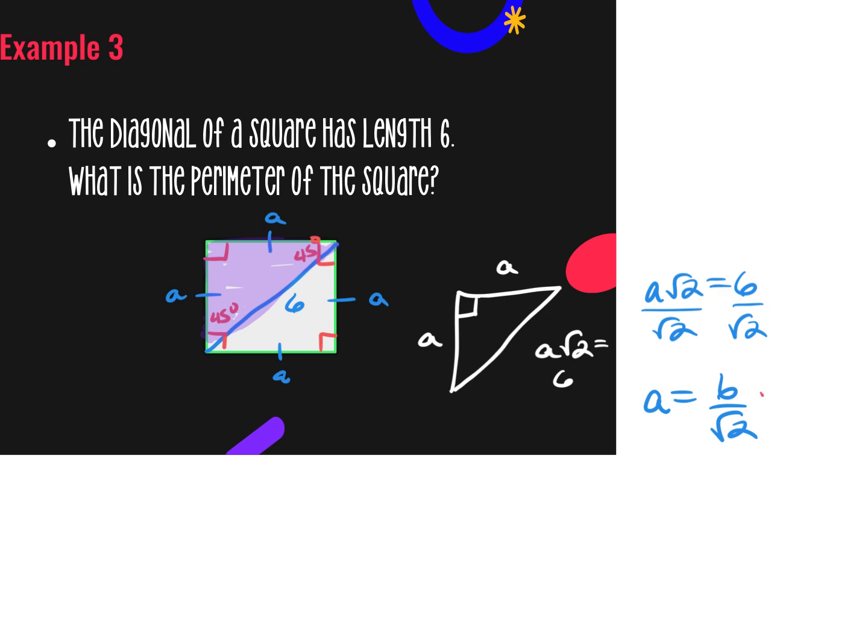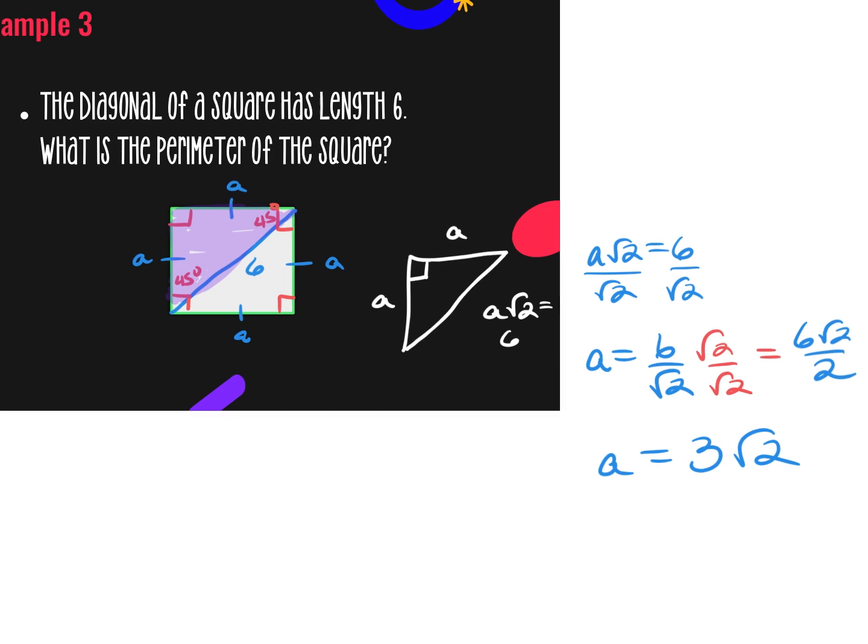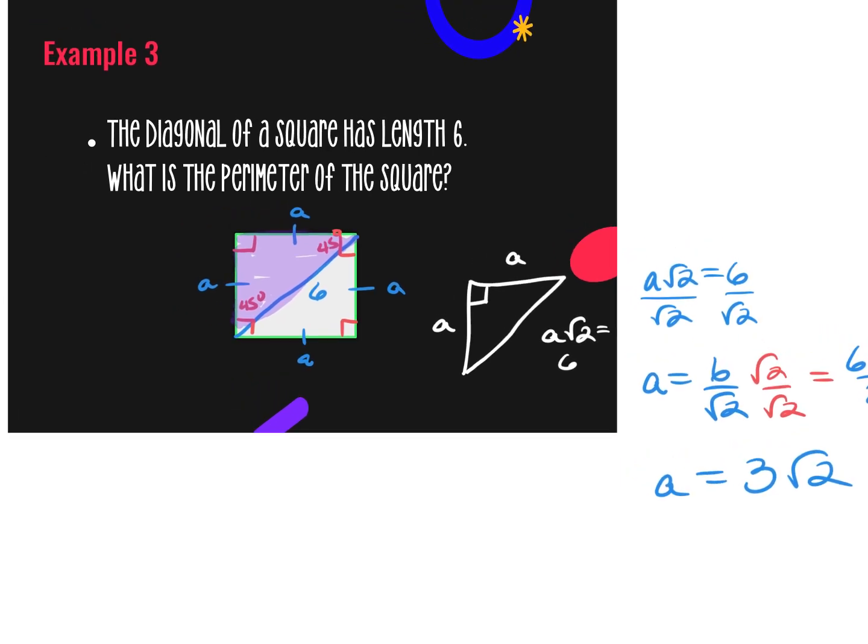Rationalize it. Multiply top and bottom by the square root of 2. Then this becomes 6 times the square root of 2 over 2, which simplifies to 3 square root 2. So that is each of the legs, which is actually the side of my square. So each one of these sides is going to be 3 square root 2.